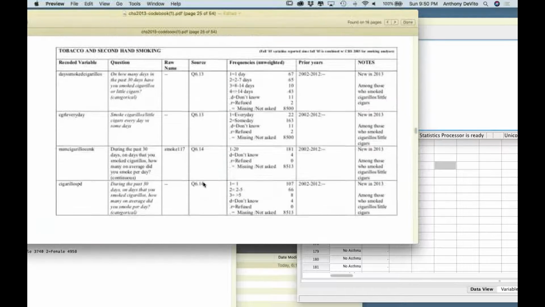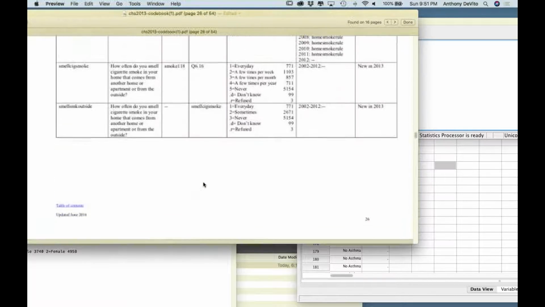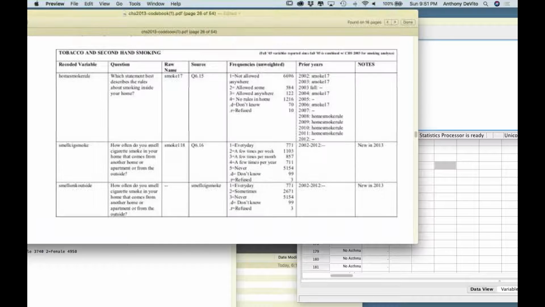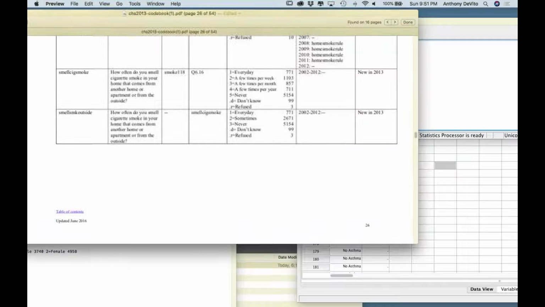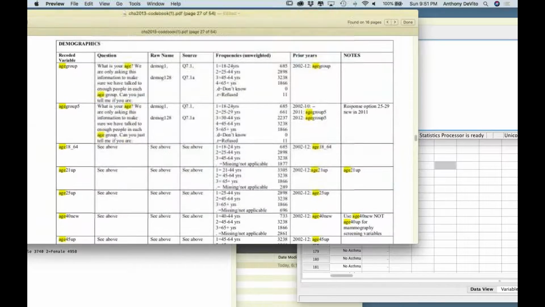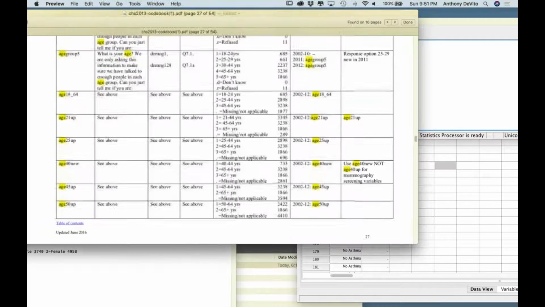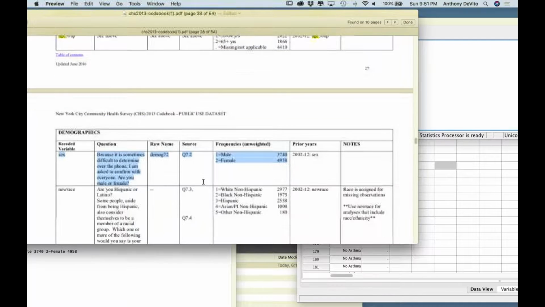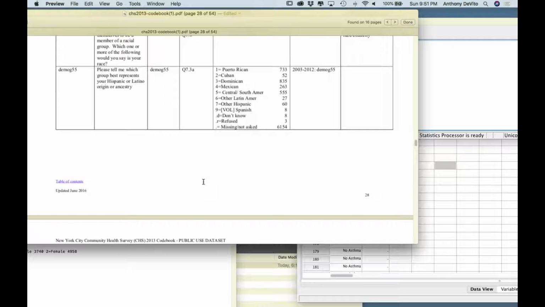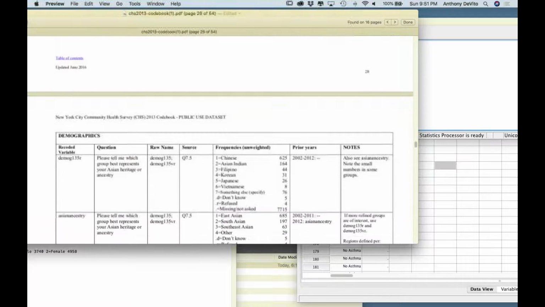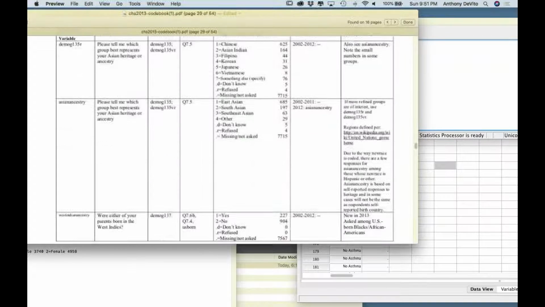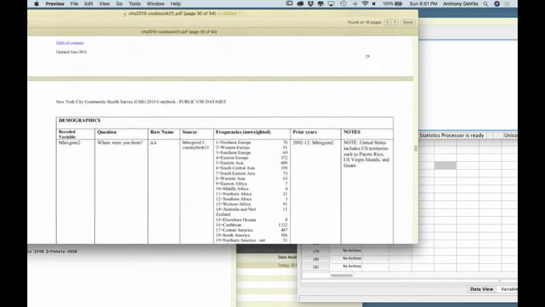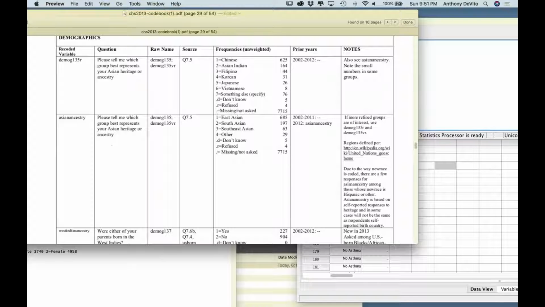Let's see categories. More annoying. Here's another one that might come in handy here.